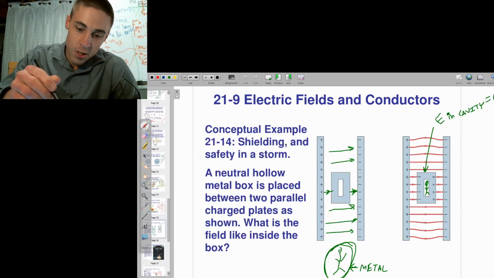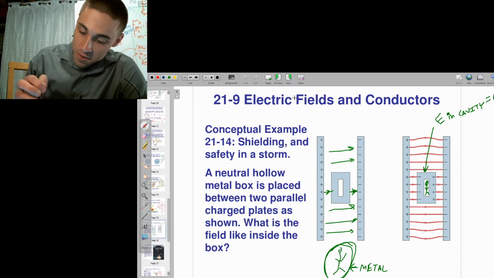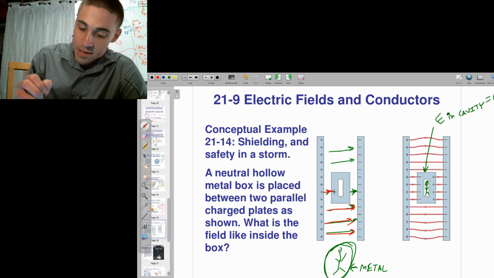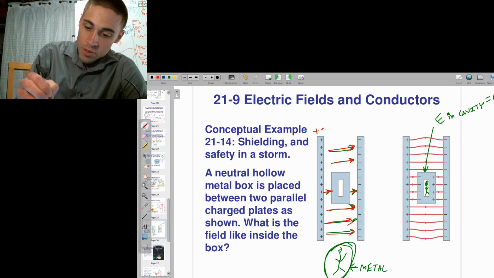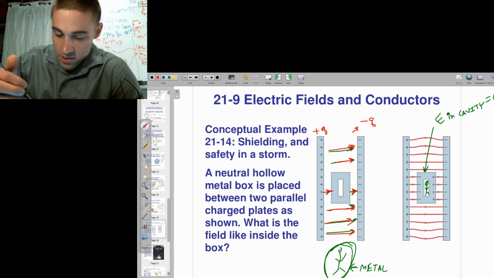But what's even cooler than that is that you can take an external electric field, let's say the electric field that's produced by this capacitor here, right, with this charge plus Q on this side, and this charge minus Q on this side over here. And this will be the source of this electric field. If you take a conductor that is hollow and shove it in there, then it will block out the electric field.